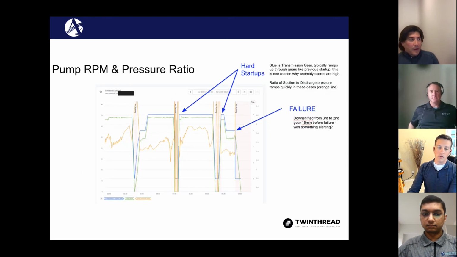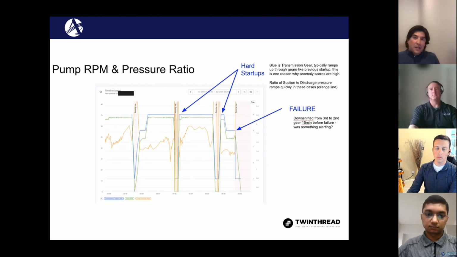Great. Awesome. So we'll skip to this pump RPM ratio. This is another view. There are many different views within the system. I can click into a specific timeline for a parameter and see. This is an example of what I was mentioning in terms of the key inputs for a digital twin.